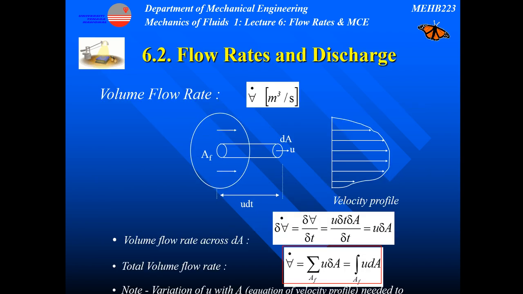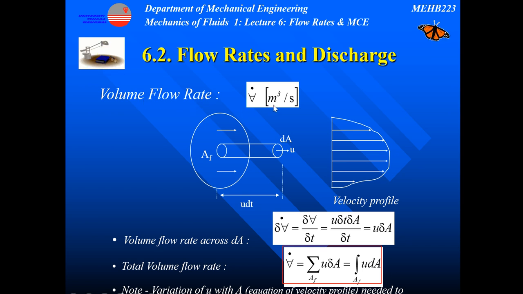To describe the fluid flow, normally we use velocity, right? Instead of velocity, we can also use flow rate. When we talk about rate, it means the parameter you divide by time. Most of the time we use volume, so volume flow rate means volume divided by time.